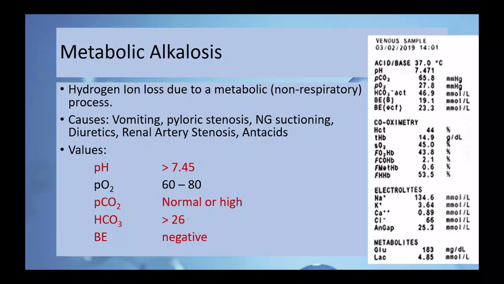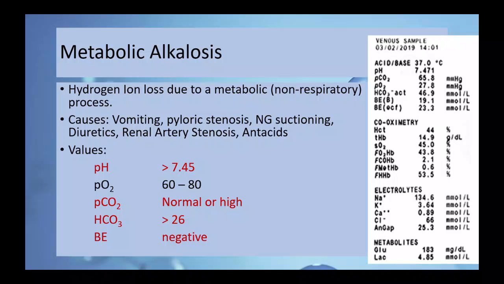Notice the bicarbonate level here, 46. So we have a very high bicarbonate level and a pH of 7.47. It's noteworthy that this pH is 7.47, not 7.59 or 7.6. That's because this CO2 is so high.